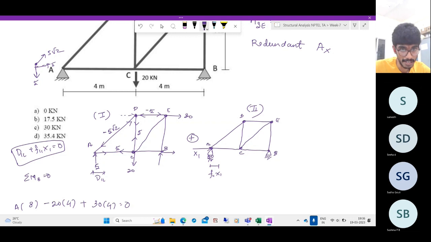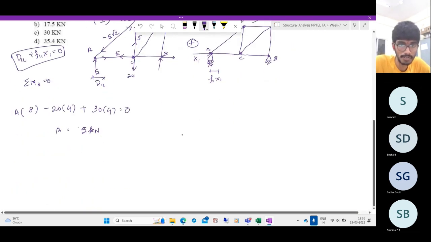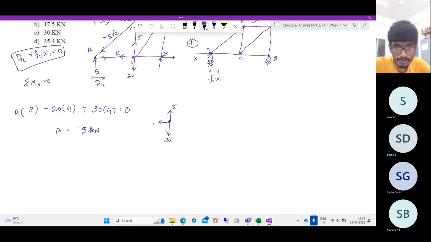Now let's come to this joint, right? In this joint, there are two unknown forces, and other forces are all known, so it's easy to solve. What is the net upward force acting at this joint? Let us take the joint C. In joint C, you have 5, you have 20, you have 5, and you have two unknown forces like this.